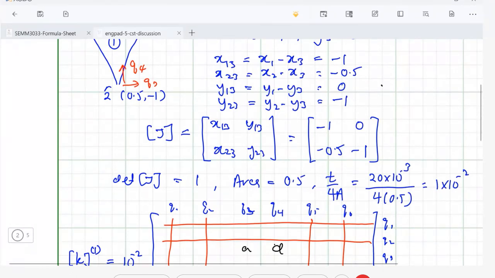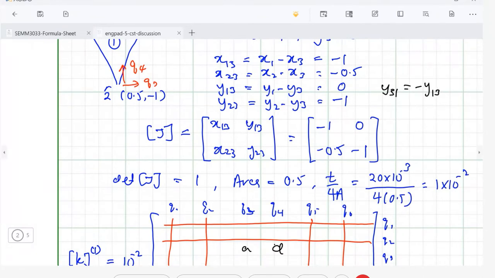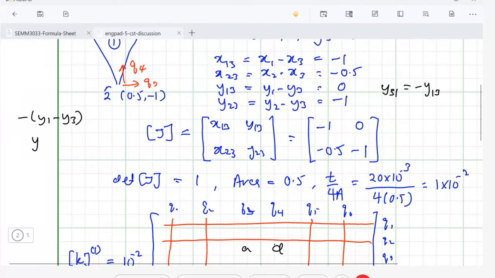So y31 is just the negative of y13, because if we change the sign, then it becomes y3 minus y1, right? y13 is 0, and the negative of 0 is also 0.